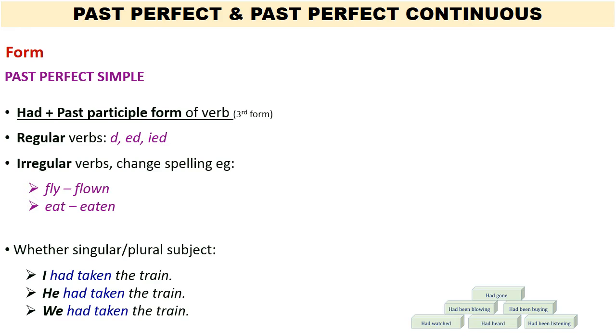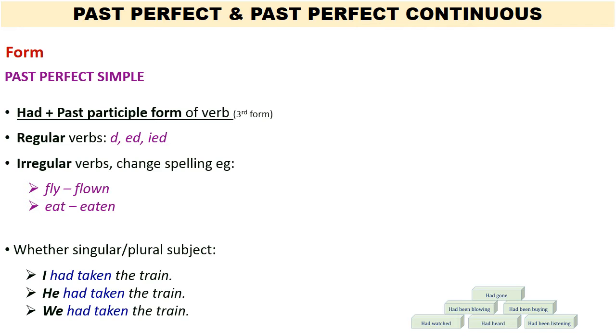For example, the verb to take. Take would be the infinitive form or the first form. Took would be the past form or what we call the second form, and taken would be the past participle form or the third form.